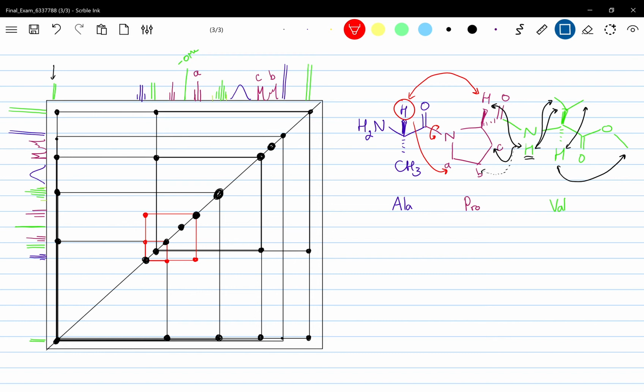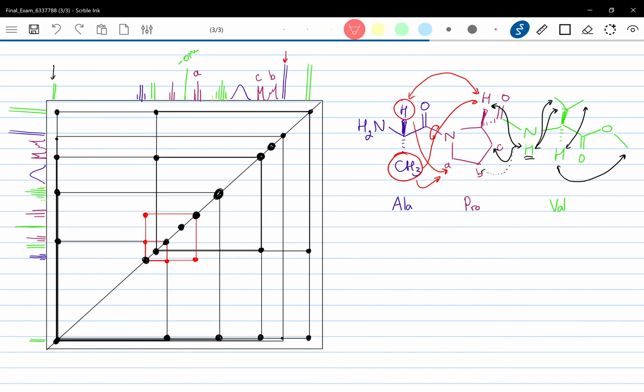This time, this methyl group can also have interactions with the same proton A and the alpha proton of the proline. Okay, so this is the methyl that we are talking about.